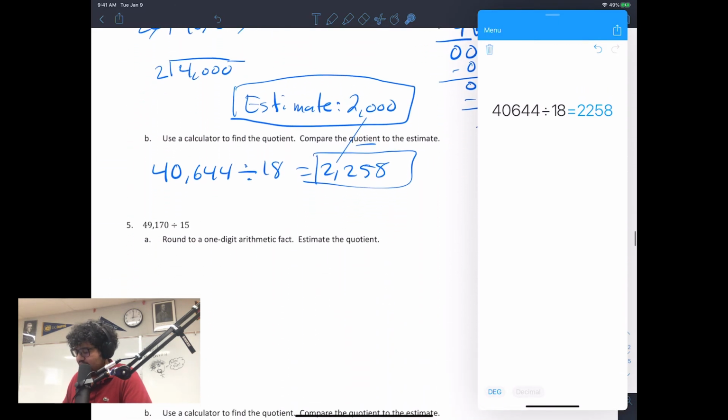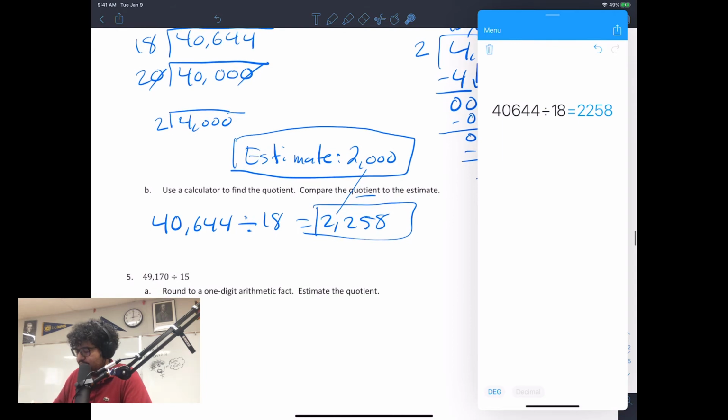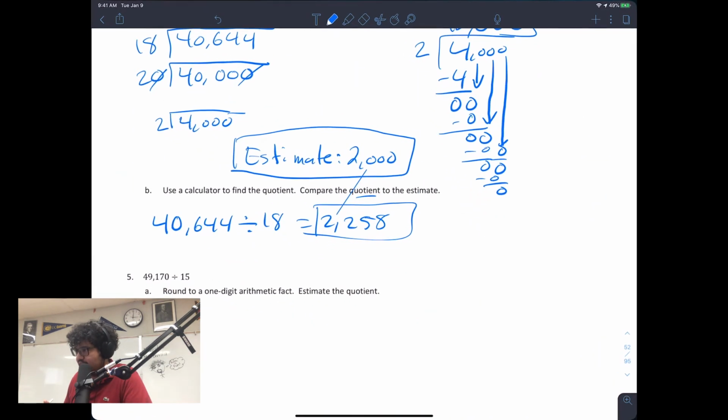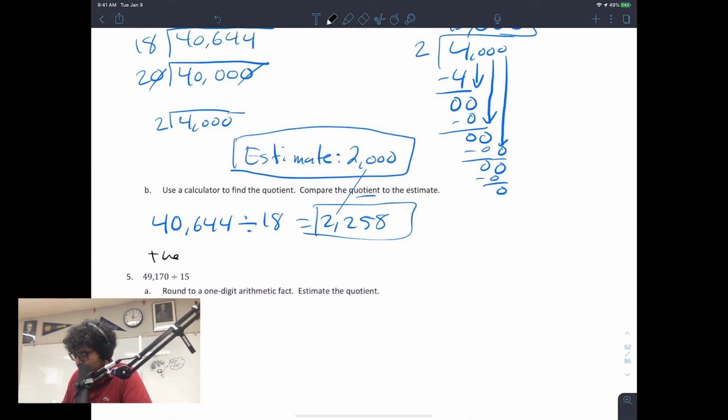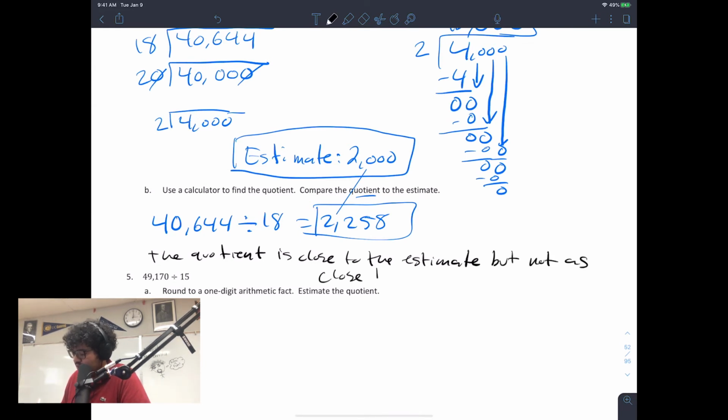So then we can say that the quotient is close to the estimate, but it's also not as close as in the third example, the previous one.